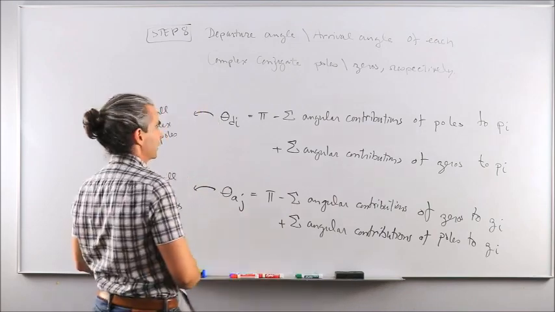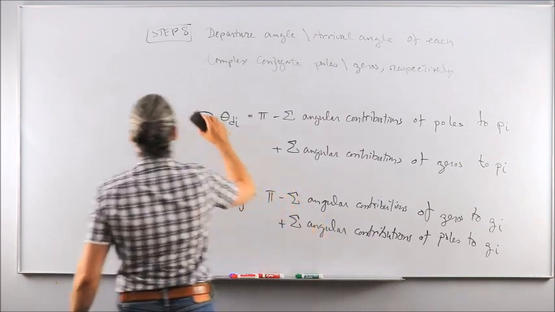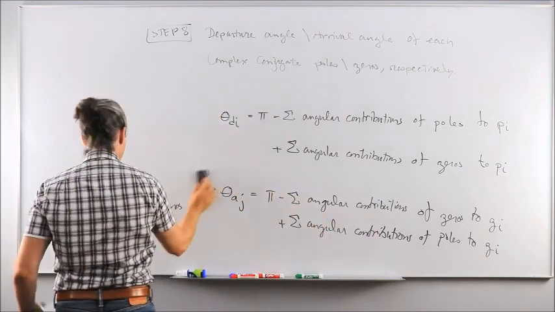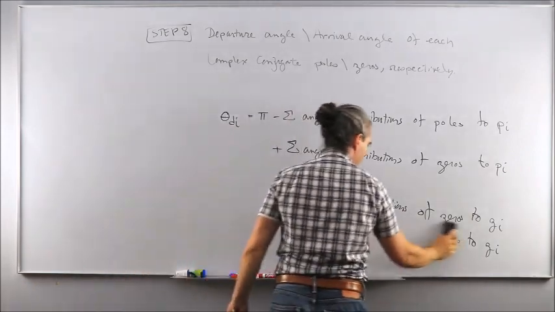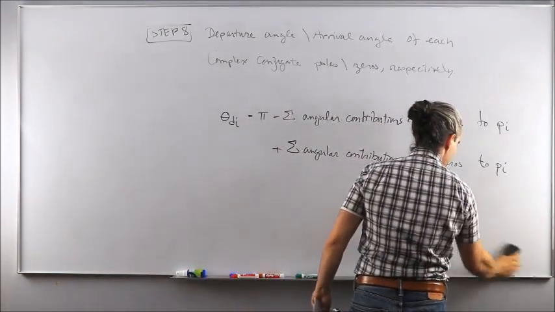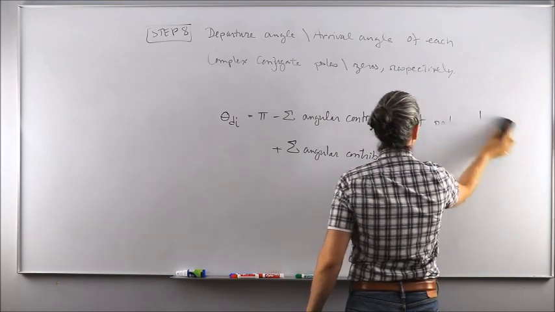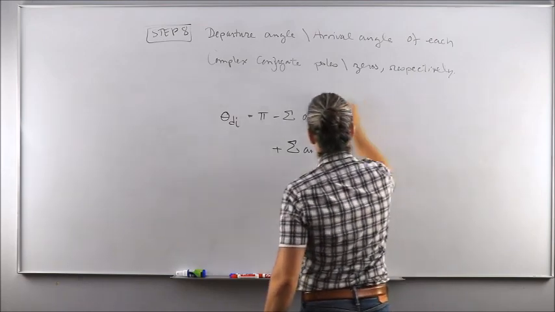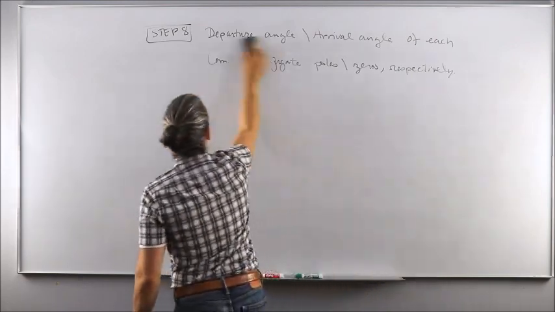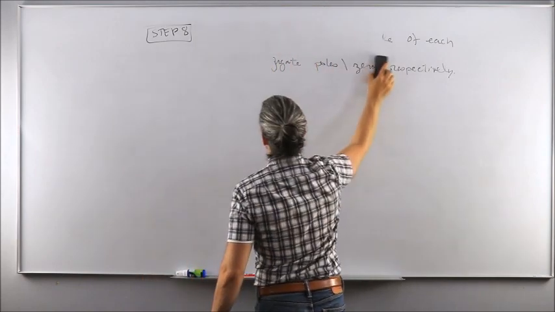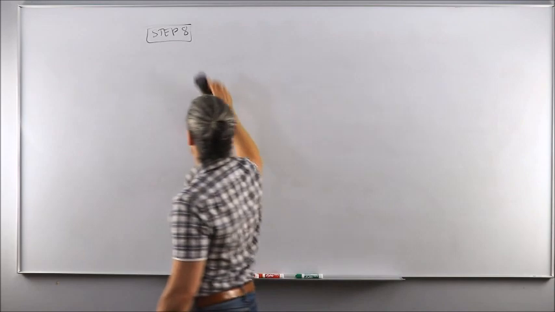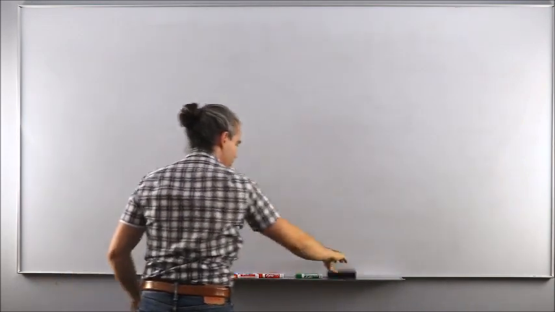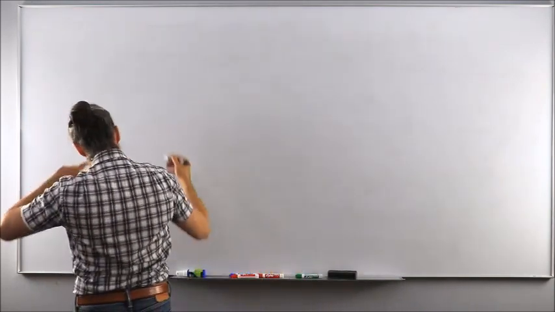Nothing too difficult here. Okay, and the last step is to figure out the intersection of the root locus with the imaginary axis of the complex plane. And this step can also be skipped if you know at that point that your root locus is not going to intersect the imaginary axis at all.